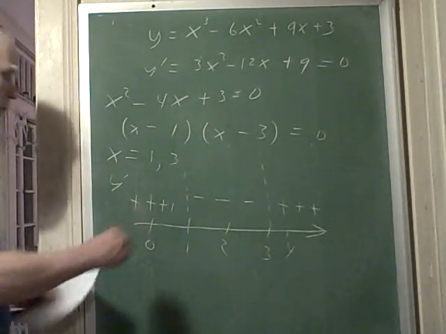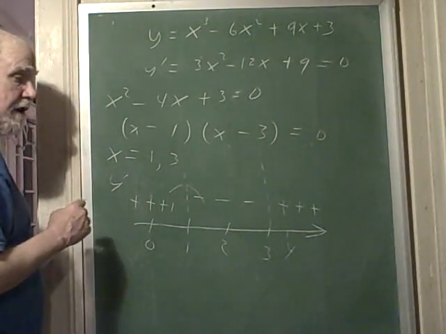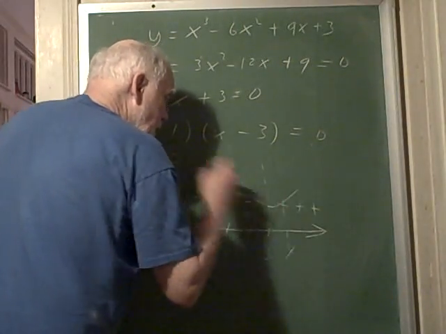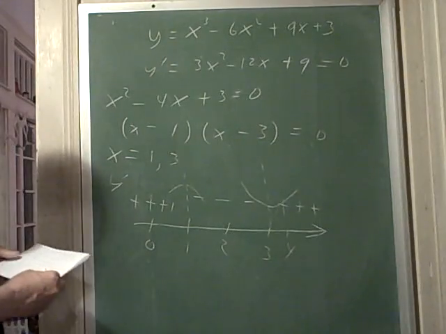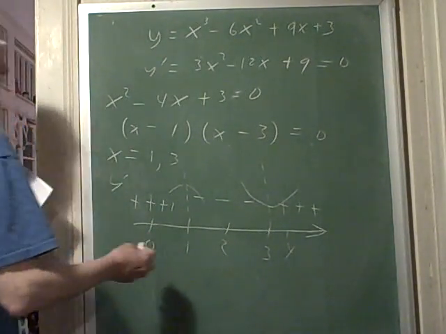And then it's going to have a little max here, because it's flat here, and it starts decreasing, decreasing, decreasing. Continues decreasing, and then it starts increasing. So we have a little min there, okay? So I have a little max, and we have a little min. And so let's see where we can put that.